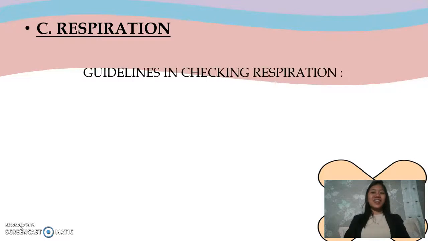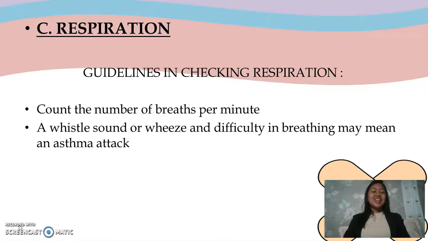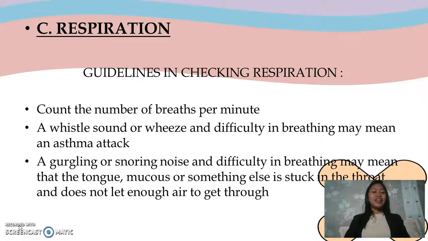Guidelines in checking respiration. 1. Count the number of breaths per minute. 2. A whistle sound or wheeze and difficulty in breathing may mean an asthma attack. And a gurgling or snoring noise and difficulty in breathing may mean that the tongue, mucus, or something else is stuck in the throat and does not let enough air get through.